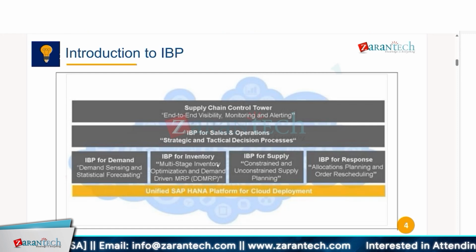So that's how the roles of demand review, supply review, and inventory review work in the IBP process. Now the next is, once we are done with IBP for demand, IBP for supply, and IBP for inventory, these reviews normally take place in the first half of every month, and depending on the organization's strategies, they have the review horizon.